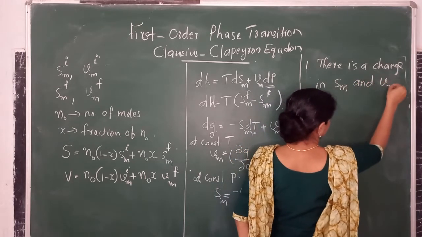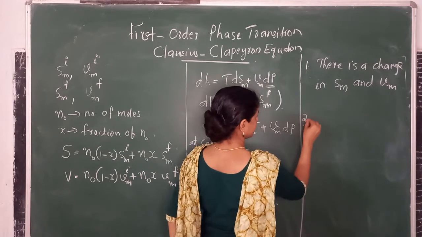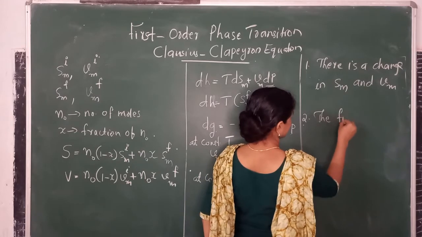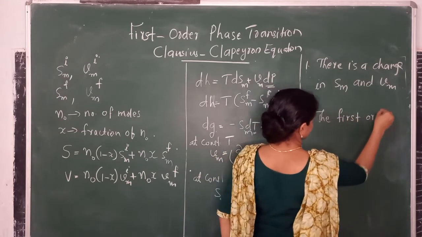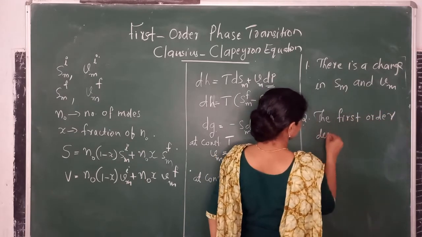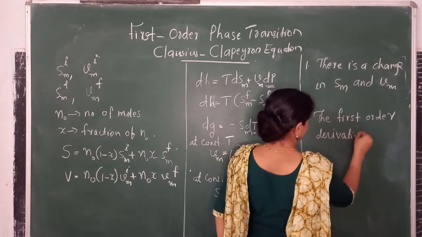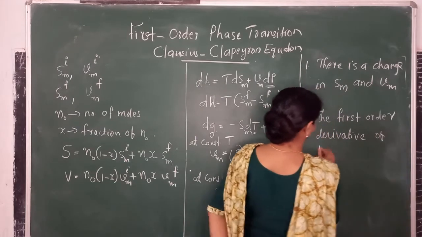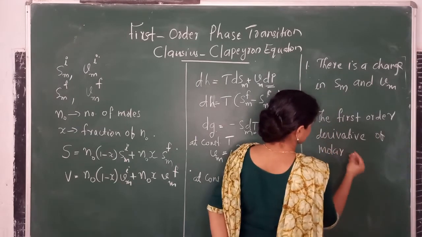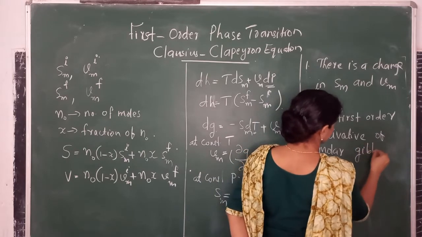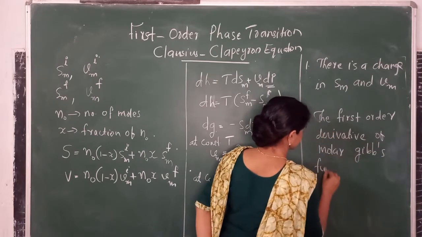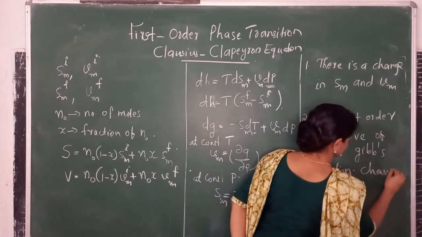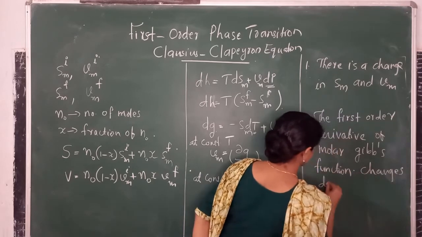The second one is that the first order derivative of the molar Gibbs function changes discontinuously.